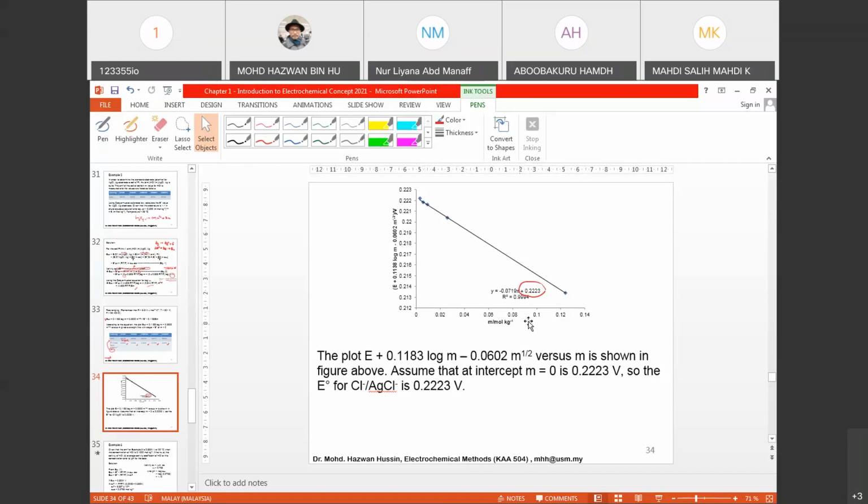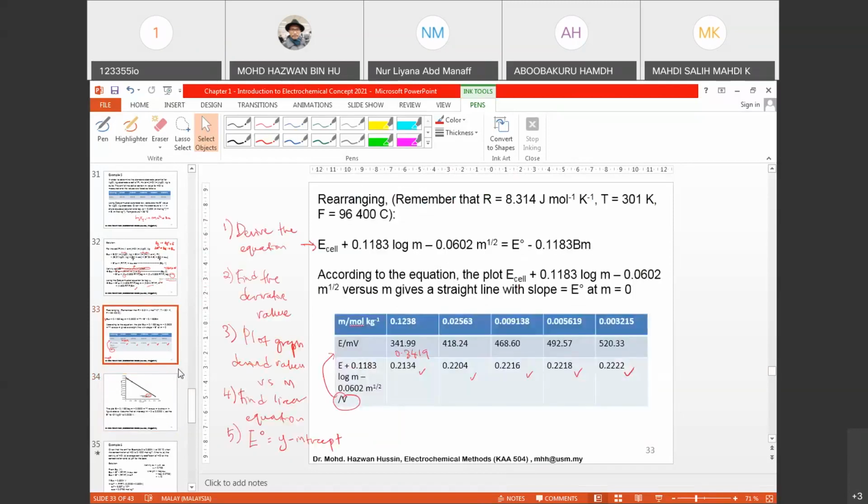Sometimes some may calculate the slope manually, but I will encourage you to calculate the linear equation using a calculator. Your scientific calculator actually has a function that can calculate the linear equation. I'm pretty sure that some of you may know how to use it.